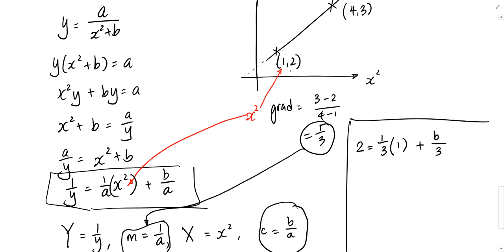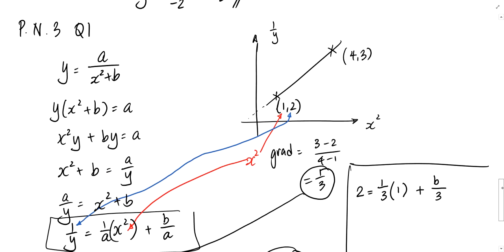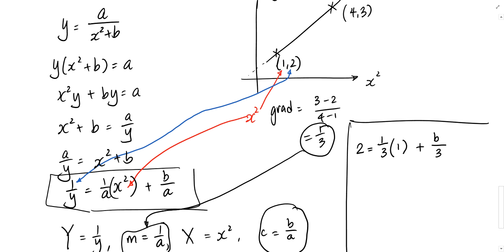This 2 represents our 1 over y. So we are substituting them all inside, and we get 2 equals to 1 over 3 plus b over 3. So to make b the subject, multiply throughout by 3, 6 equals to 1 plus b, b equals to 5.